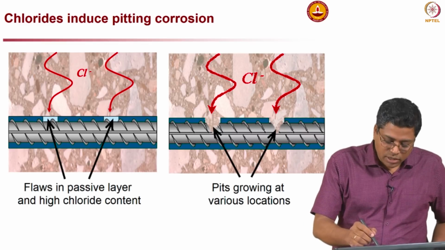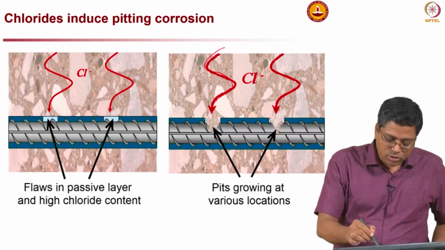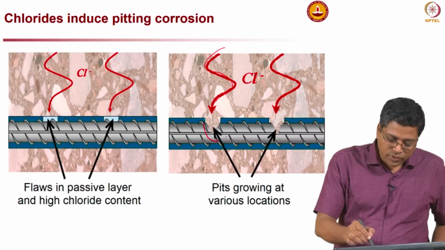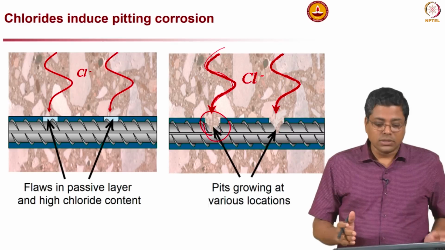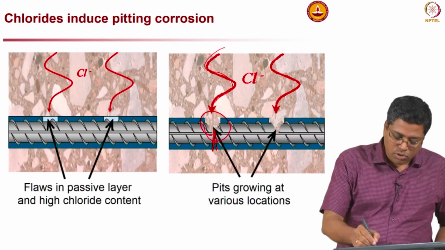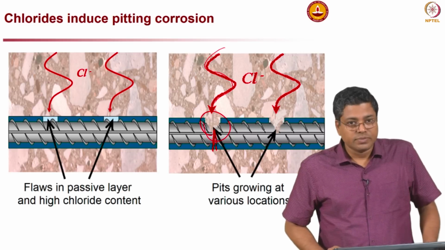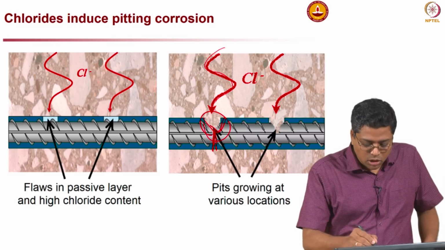For example, here you can see chloride penetrating towards the steel and a significant section loss right here. When you talk about structural analysis, you have only this much amount of steel left. The remaining part is lost.